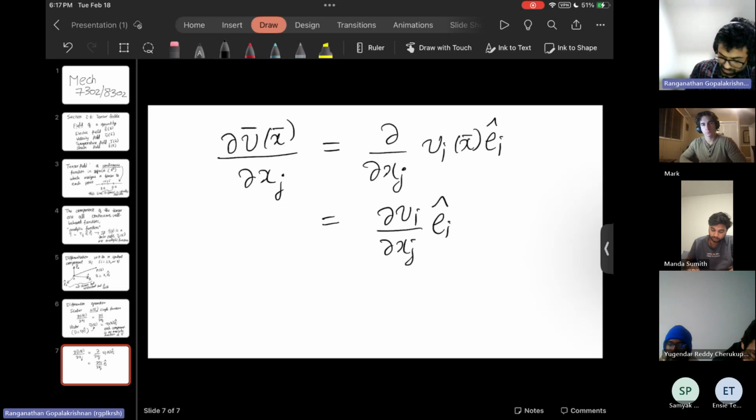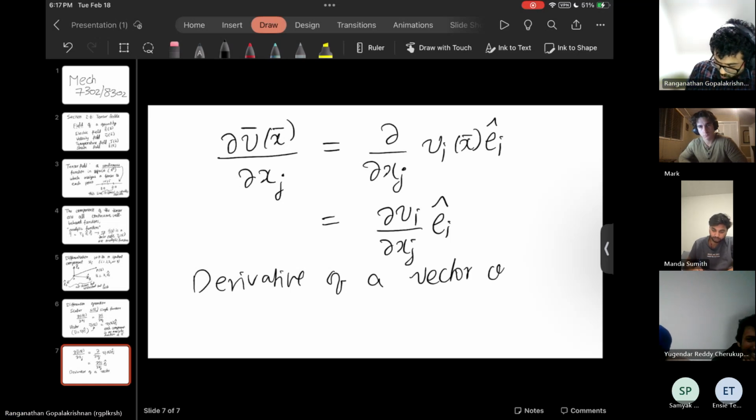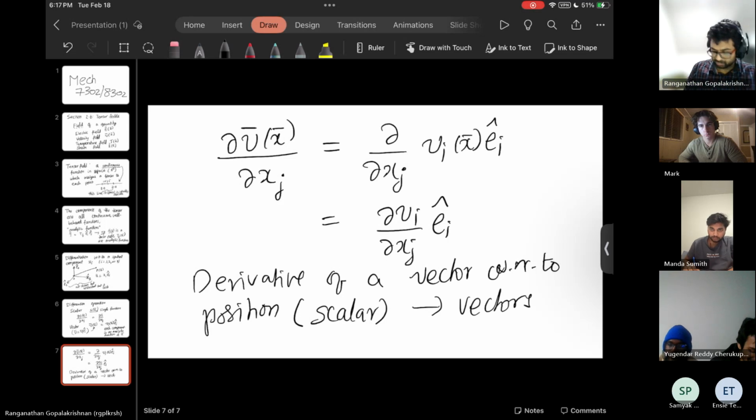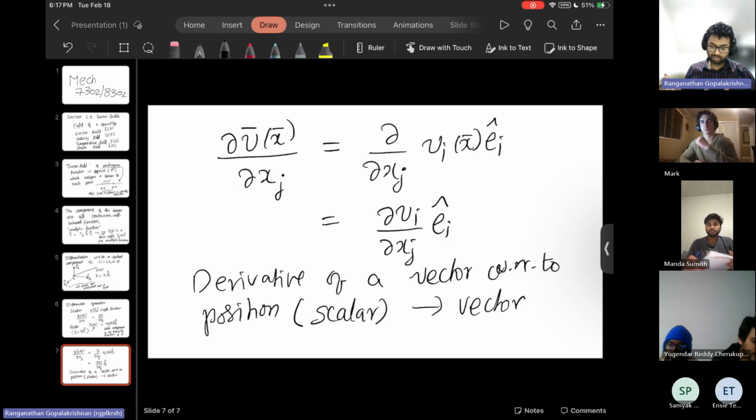So simply finding the derivative of a vector with respect to position, which in this case is a scalar, yields a vector. We already did scalar. Scalar derivative with respect to another scalar gives you a scalar.